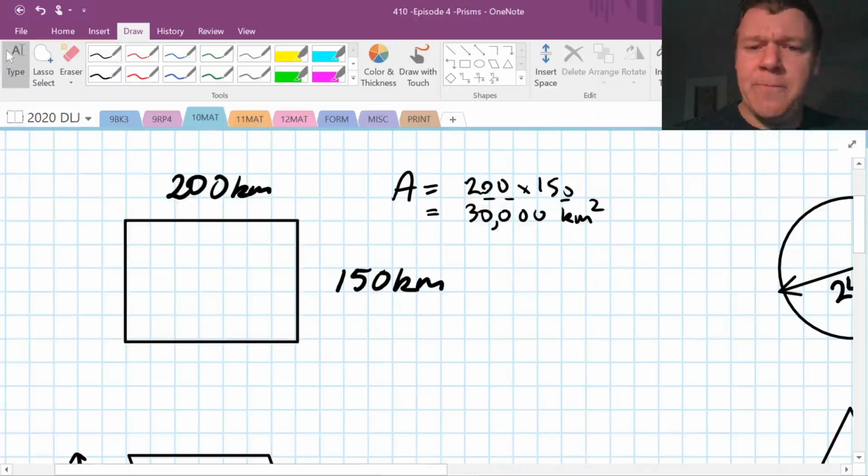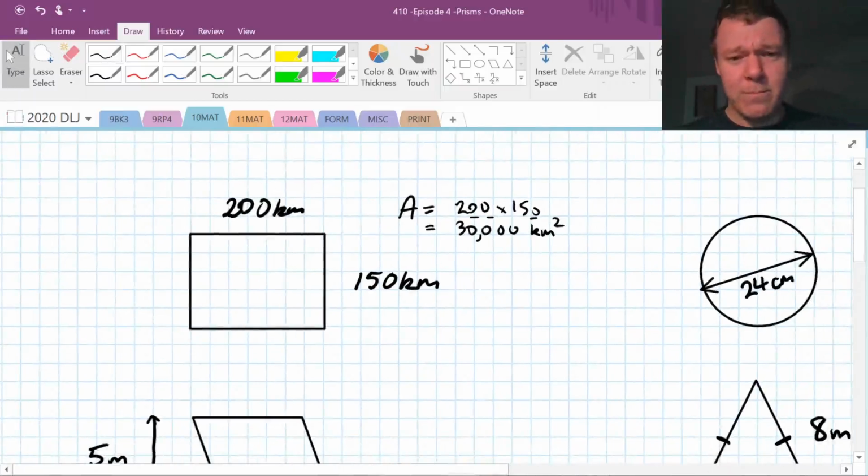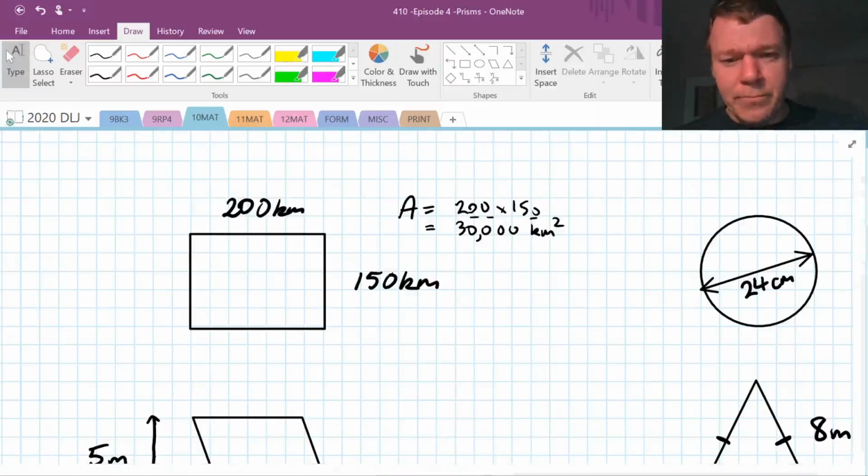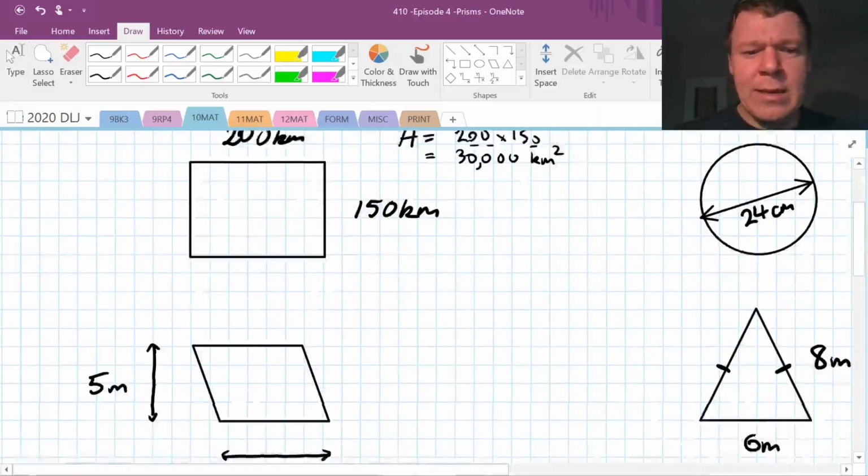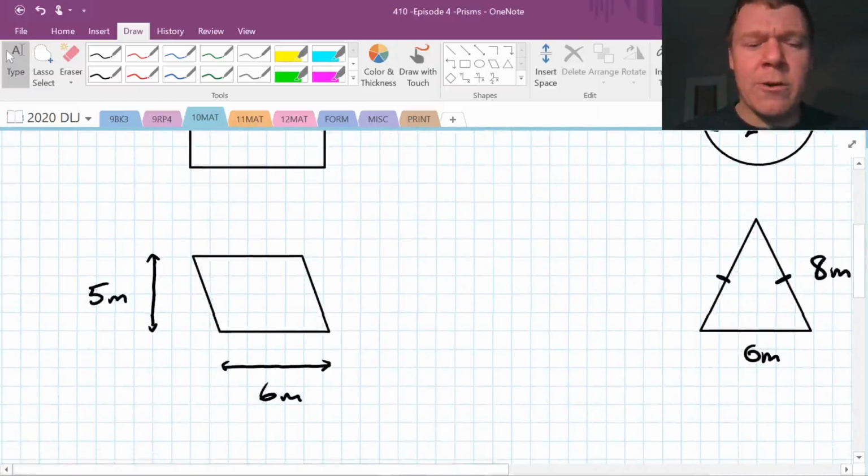It's a pretty big area. It'll be like the size of Canterbury, I reckon. Roughly.